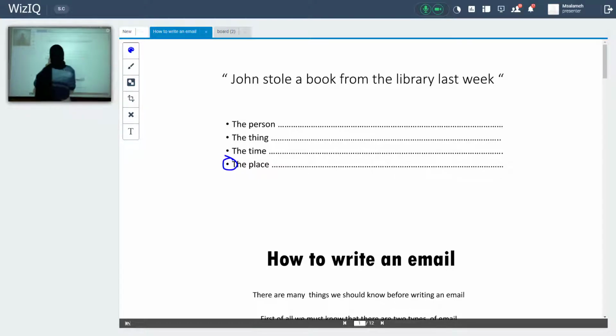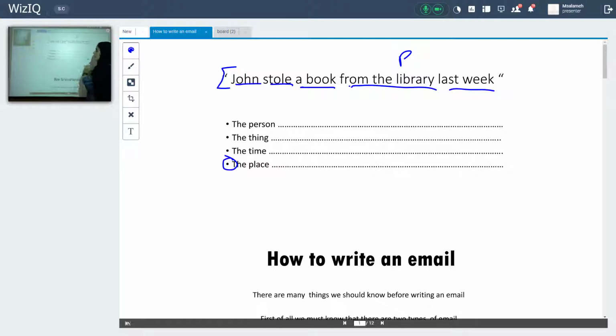So here, the place in this sentence: John stole a book from the library last week. John is a name, stole is a verb, a book is a thing, from the library is a place, last week is a time. Here, for the place, what relative pronoun should I use? Where.